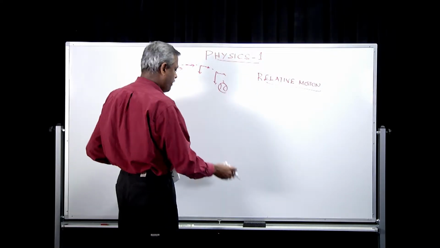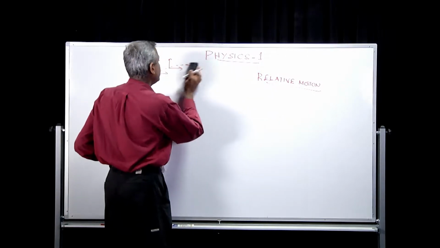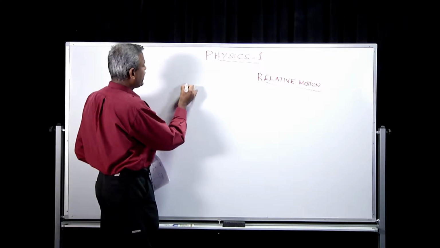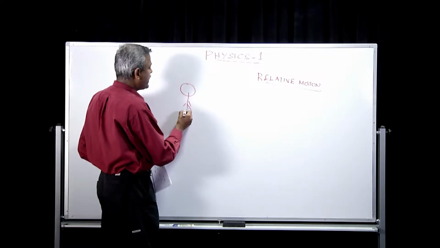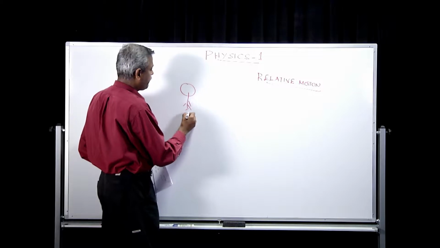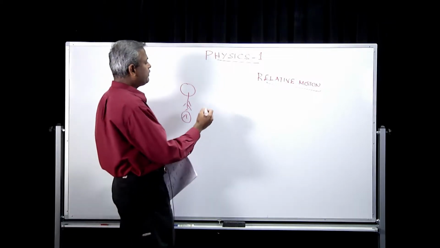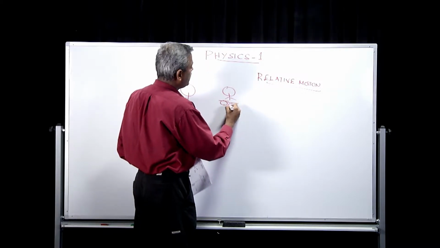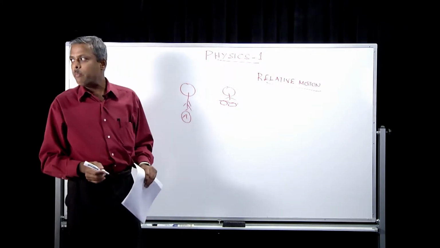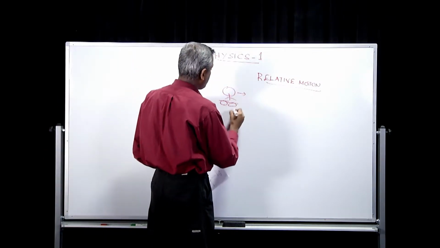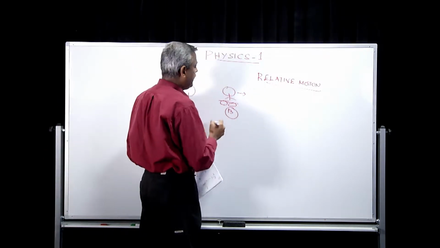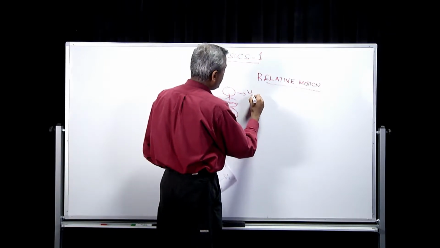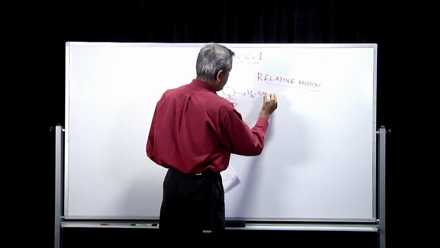So, I am going to talk about relative motion. The motion is relative, it is not absolute. So, for example, a guy who is standing is called A. At the same time a guy who is taking his bike and riding it, let us name him B, is riding a bike with a velocity of 5 meters a second.